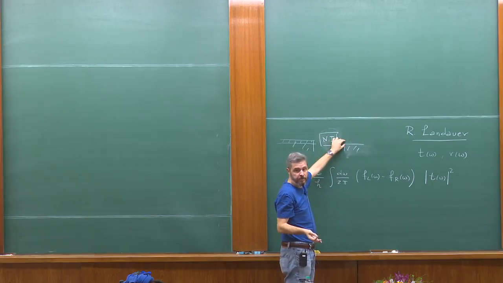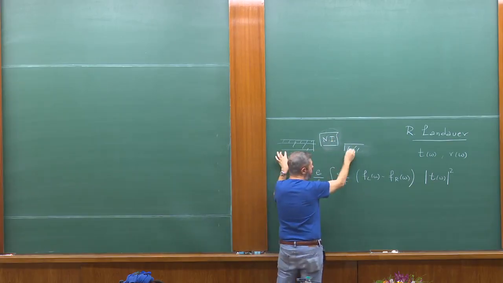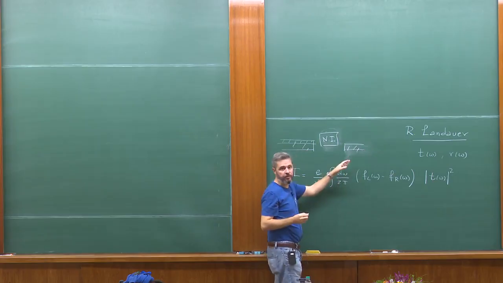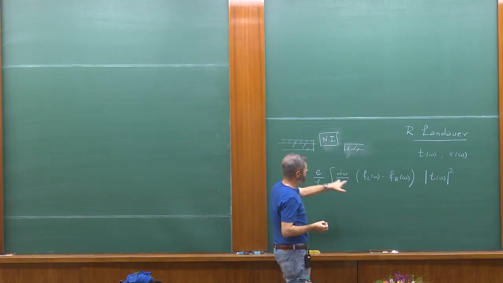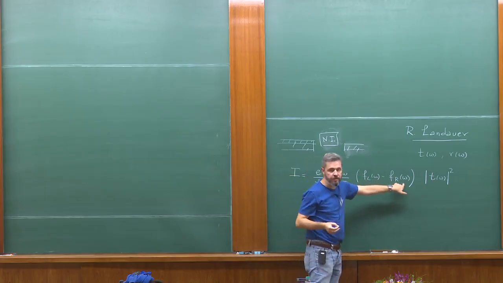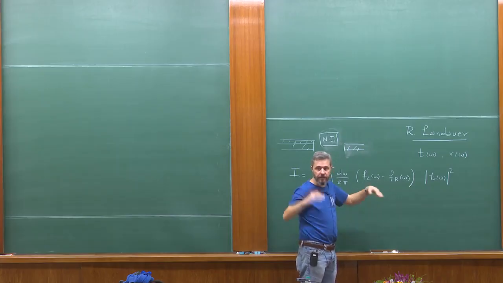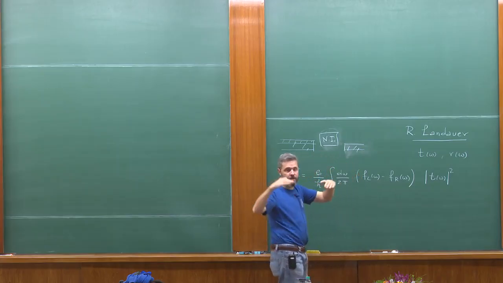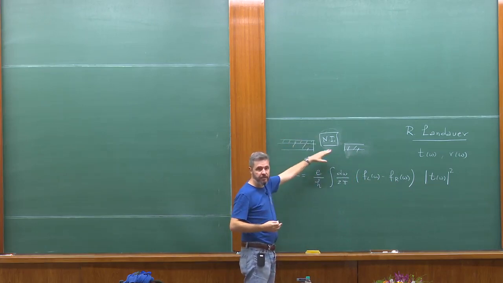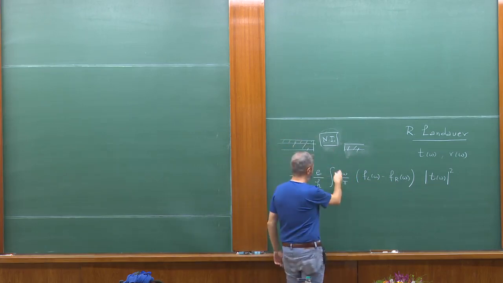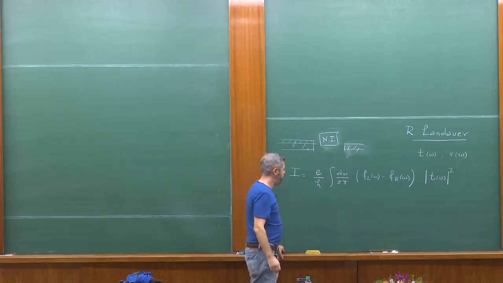Because of the Pauli principle. So this one here, of course, cannot go here because this is filled. Very simple. So only this layer here. And therefore, you multiply this T of omega by the difference of left and right Fermi functions that describe essentially the empty states on the other side, and then you take the integral and multiply by E over H.